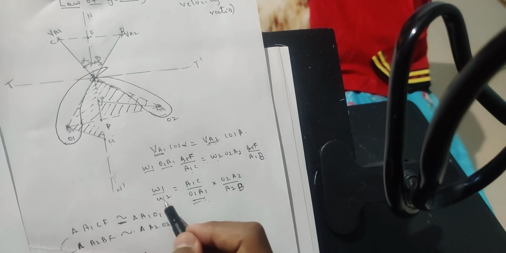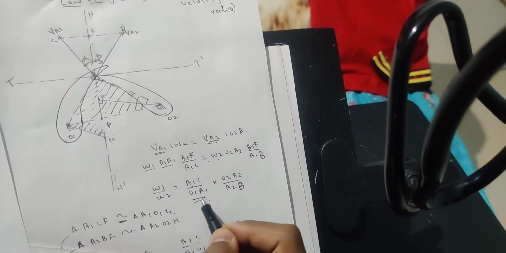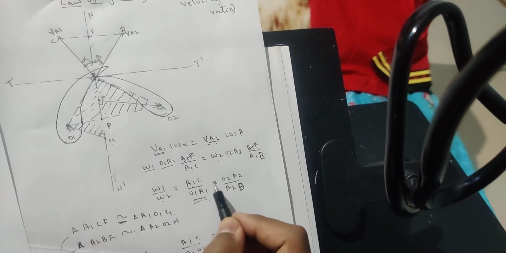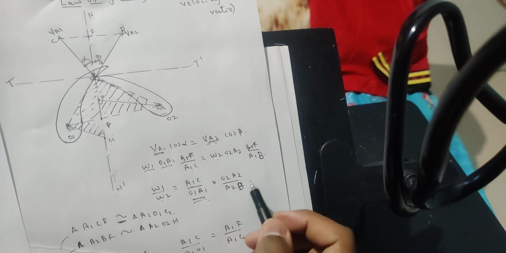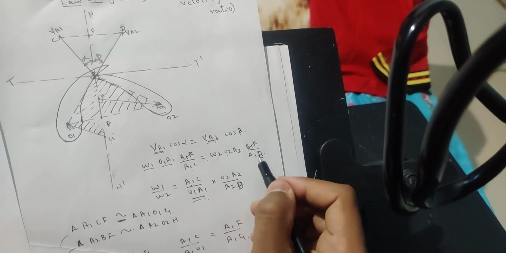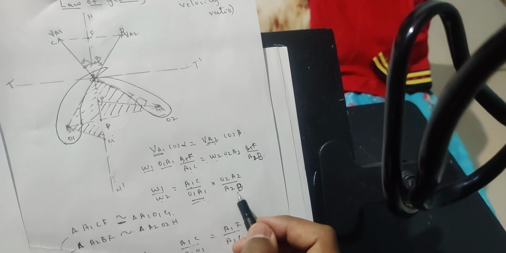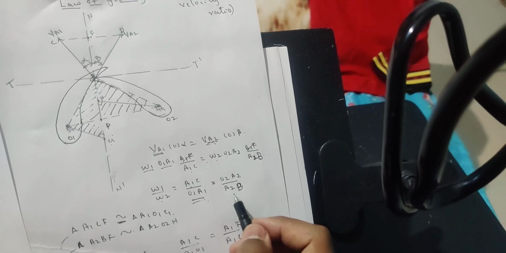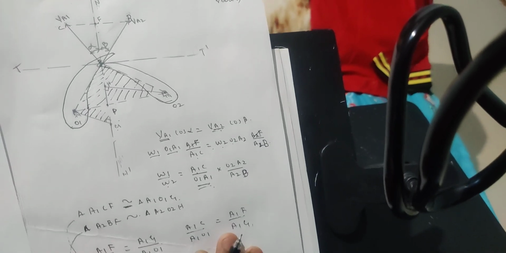As A1F is common to both, I'll cancel it out. So omega 1 upon omega 2 will be A1C upon O1A1 into O2A2 upon A2B. So this should be A2 here.